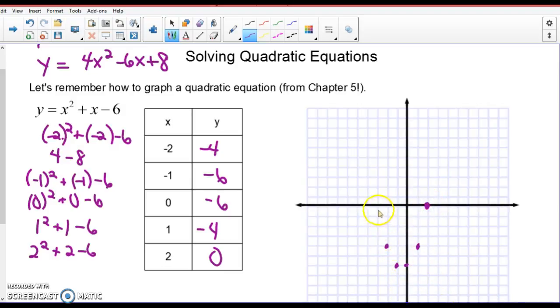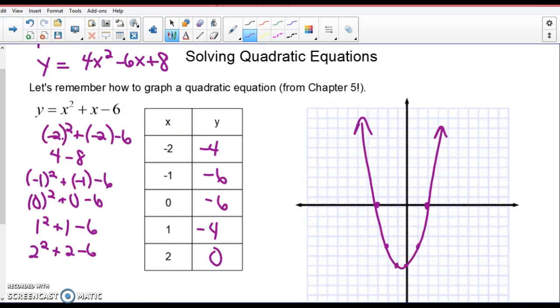Now, I could go to 3. I'm sorry, -3 is also going to give me a 0. I would draw this, and it would look like something like that. We did that by graphing, making a table of values.